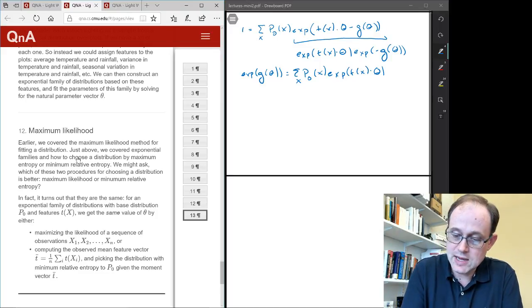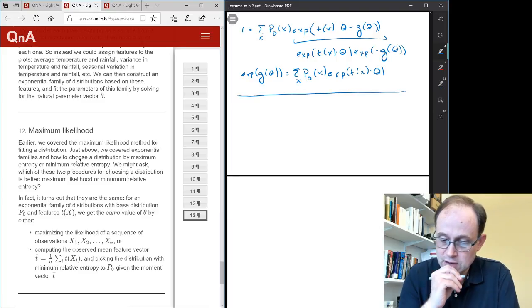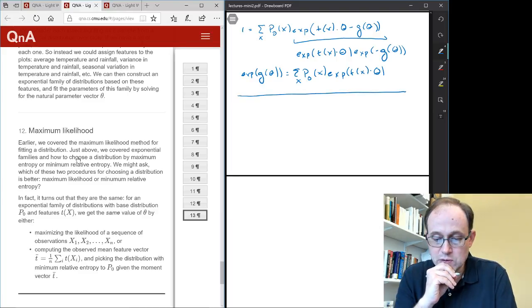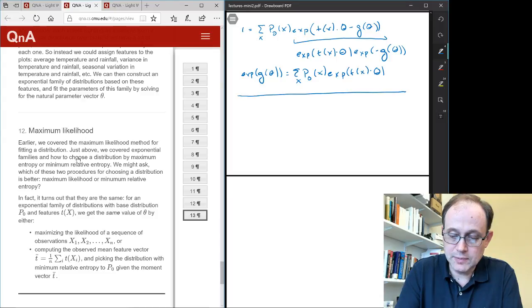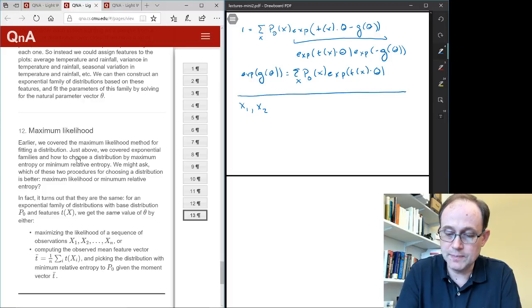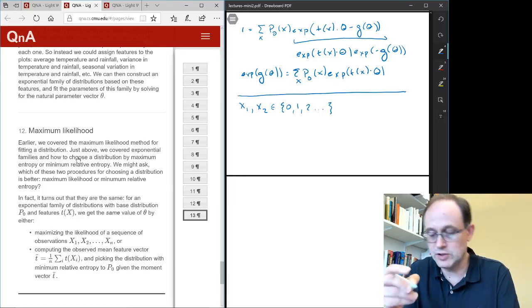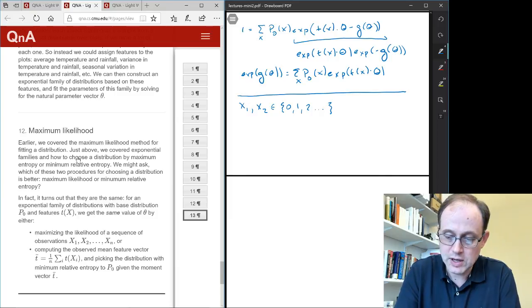Let's say that we're going to do maximum likelihood for the Poisson. We observe some samples, let's say just 2 samples, x1 and x2. Each one of them is in the natural numbers, or, well, 0, it's in 0, 1, 2, and so forth.